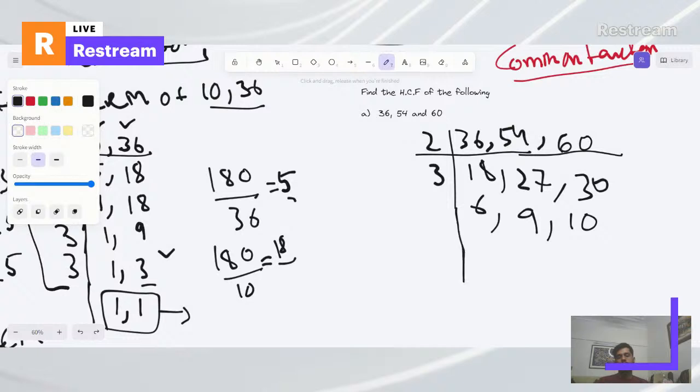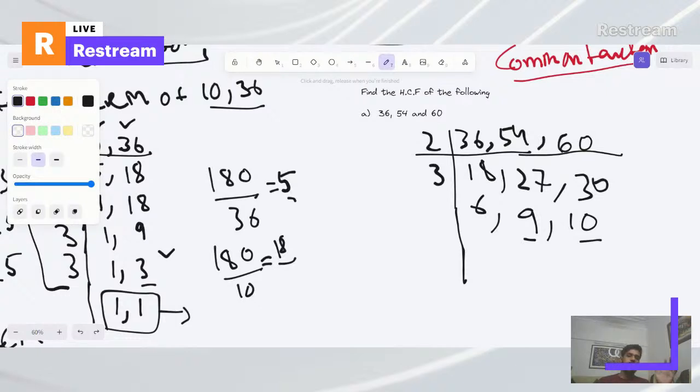Now, can I use a single number which can be used to divide all of them? Can I use 2? I cannot, because here's 9. Can I use 3? I cannot, because here's 10, right? I can't use 4. I can only use the prime numbers.